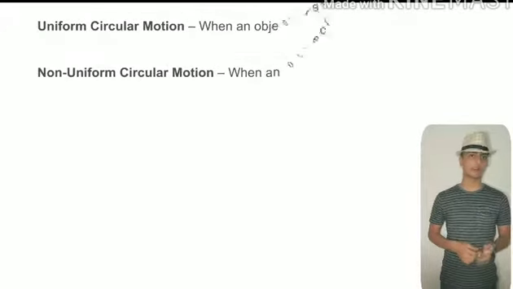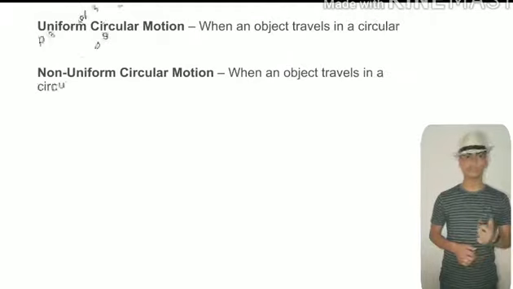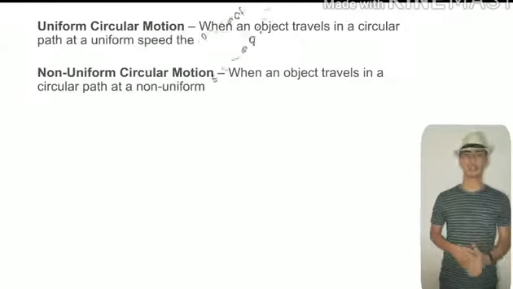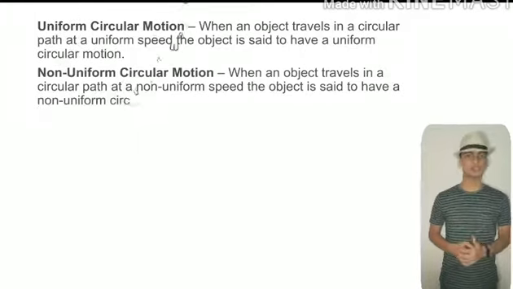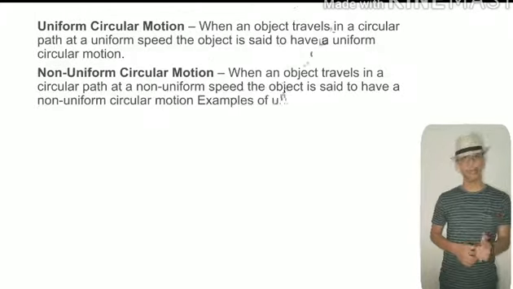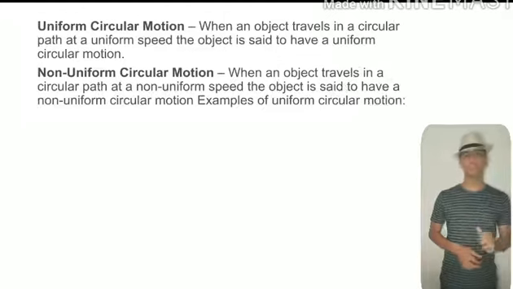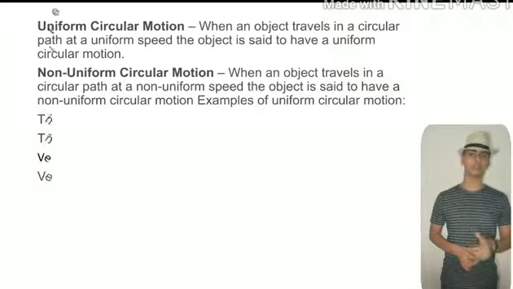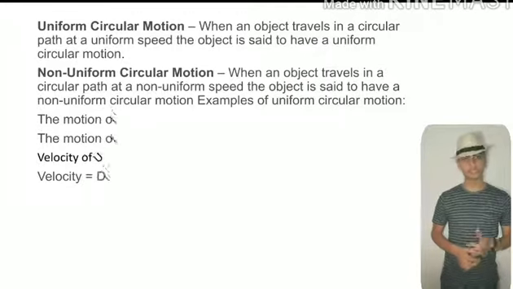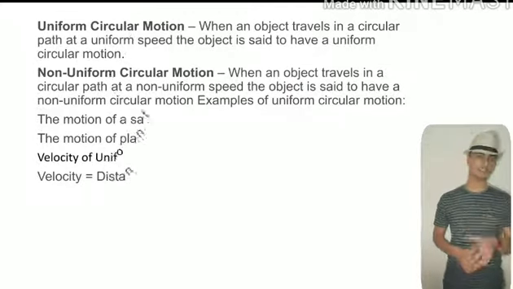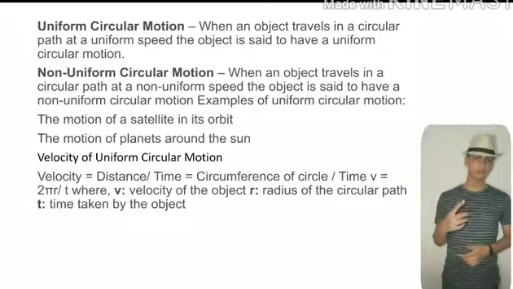Now talking about uniform circular motion, when an object travels in a circular path at uniform speed, the object is said to have a uniform circular motion. In non-uniform circular motion, an object travels in a circular path at non-uniform speed. Examples of uniform circular motion are the motion of a satellite in its orbit, or the motion of planets around the sun.